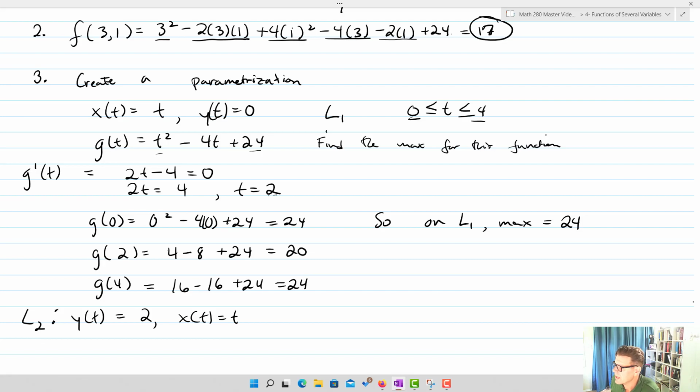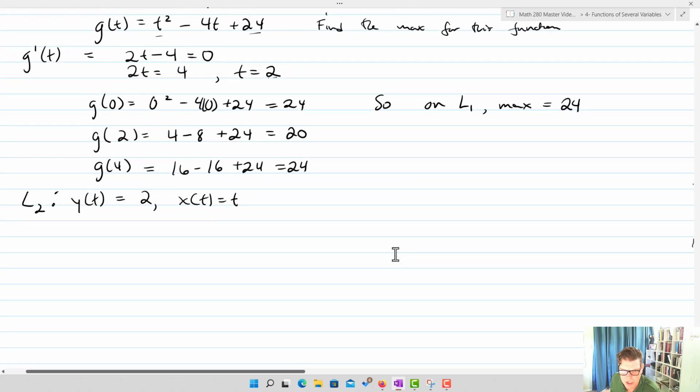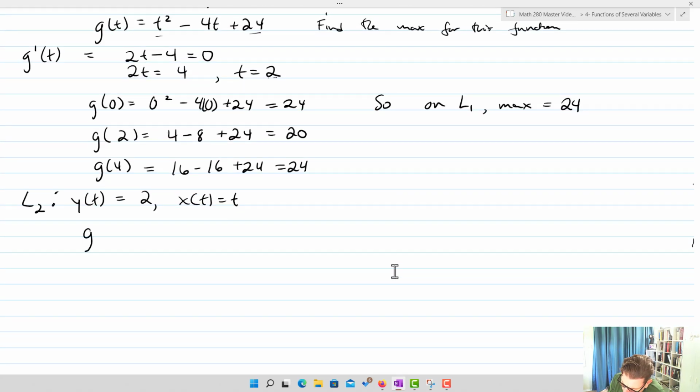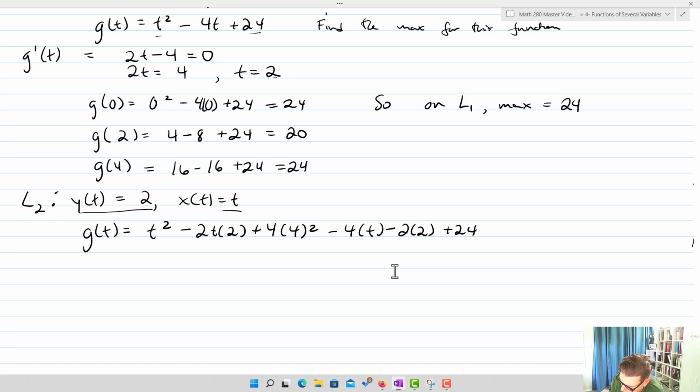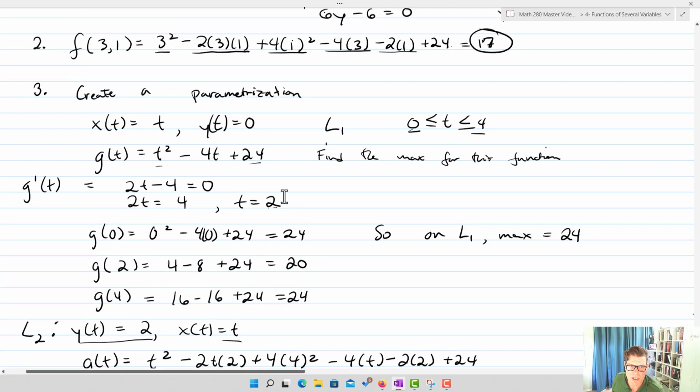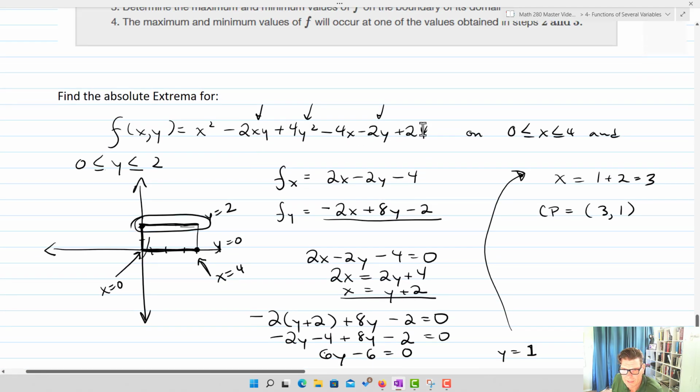And now what we'll do is plug that into our equation. So that's going to give me g of t equals t squared minus 2t times 2 plus 4 times 4 squared minus 4t minus 2 times 2 plus 24. All I did was plug in 2 and t into my original equation, the one right up here at the very beginning.